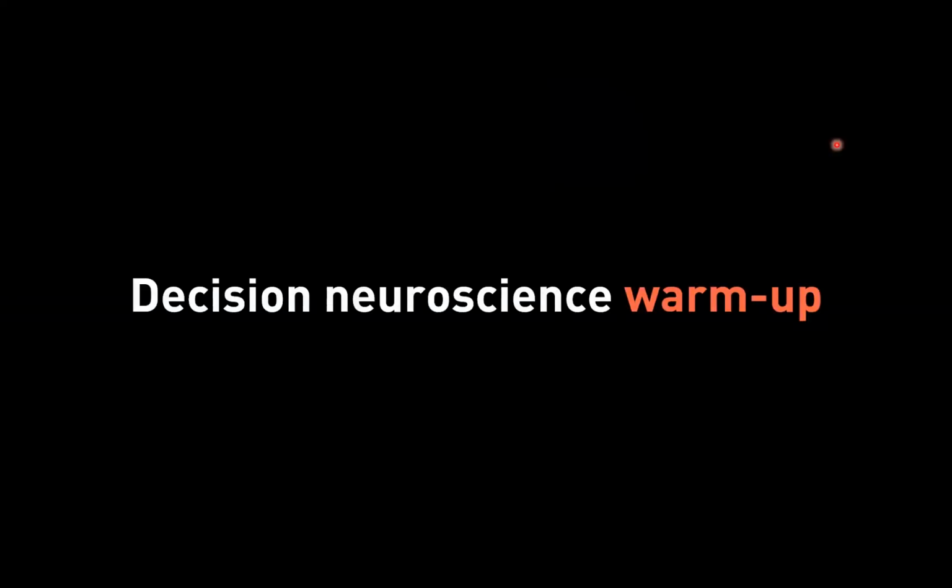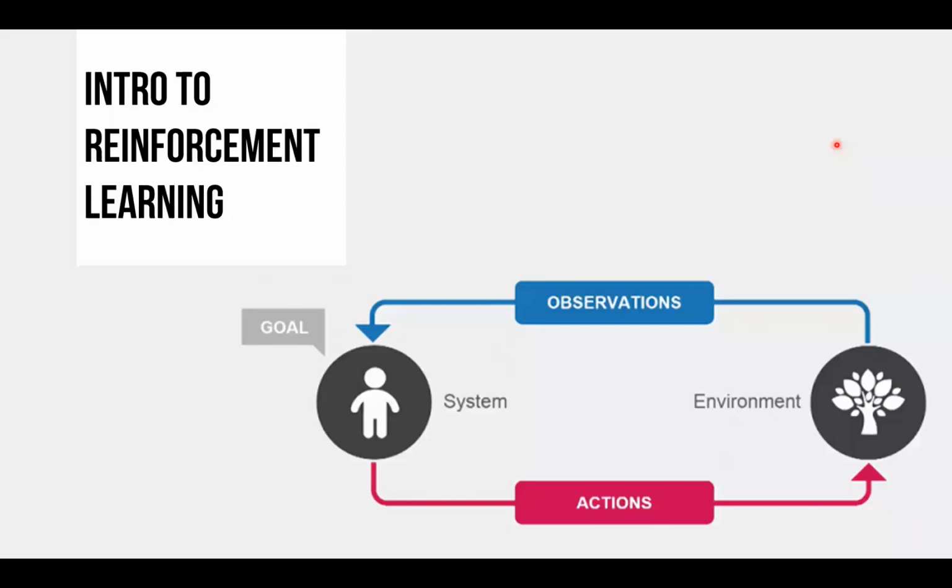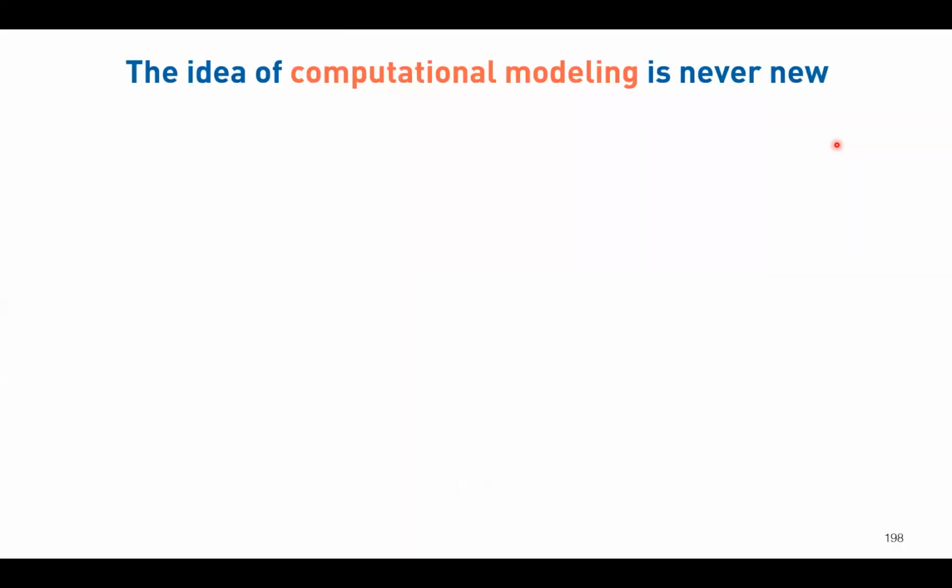The warm-up part is what I said already, and now we talk about reinforcement learning. Before we dig into the idea of reinforcement learning, I would like to repeat an idea that I mentioned multiple times already in this seminar, which is cognitive modeling or computational modeling.